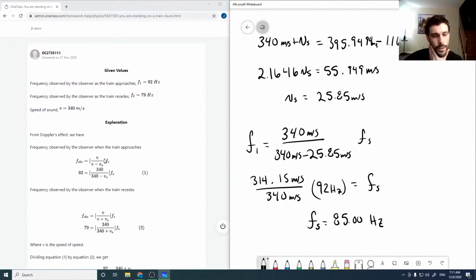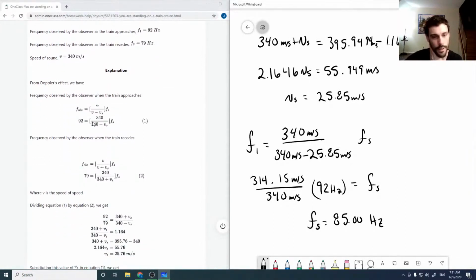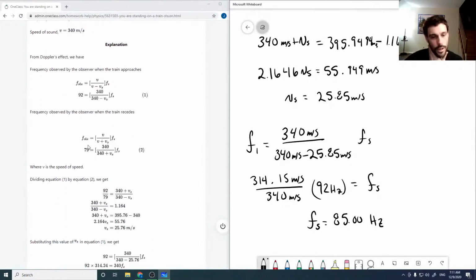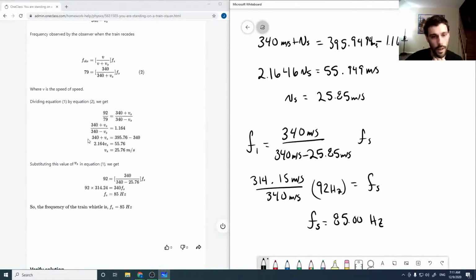Okay, so looking through this here, there's our first equation, there's our second equation. We can rearrange to solve for our source speed, which is a little different.